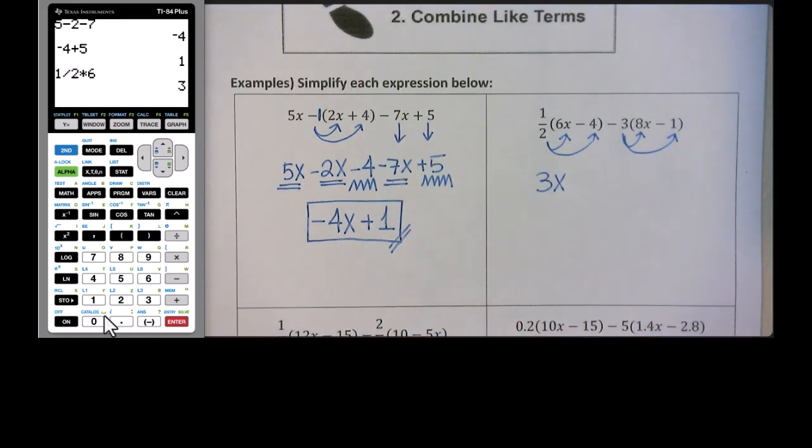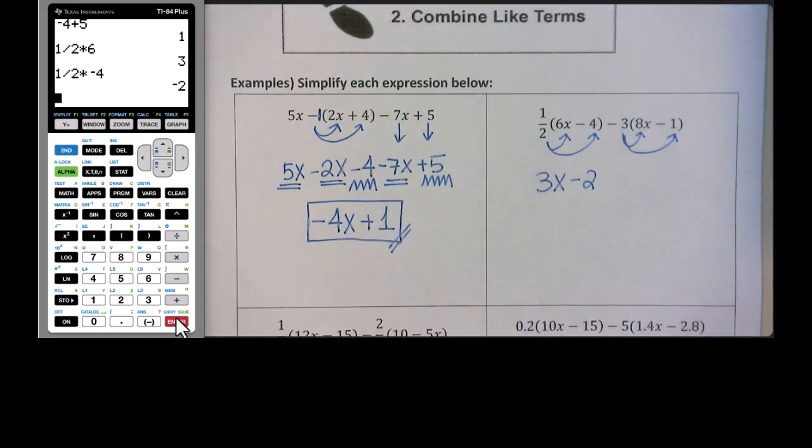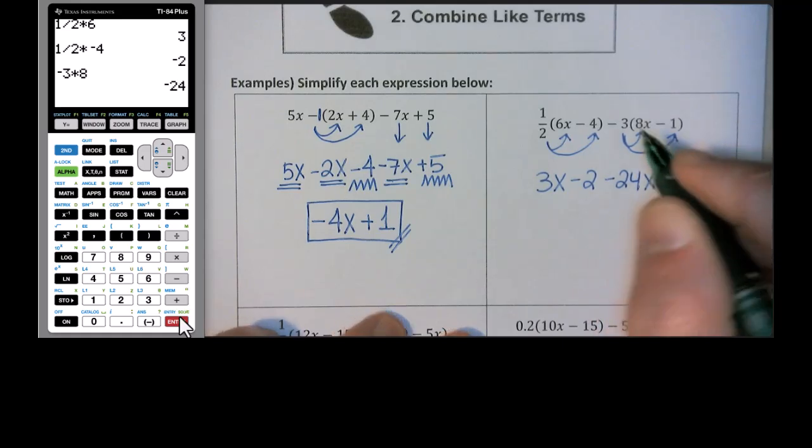Then we're going to do it again. So 1 divided by 2 times -4, and we get -2. Next one is -3 times 8, and we get -24x.